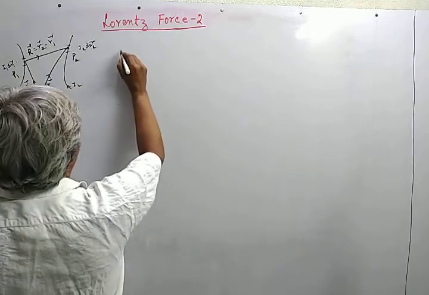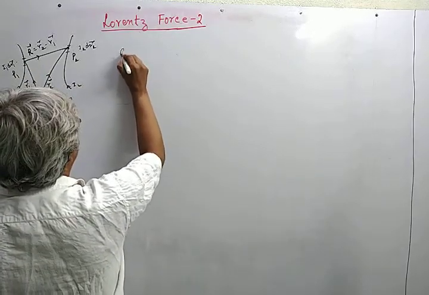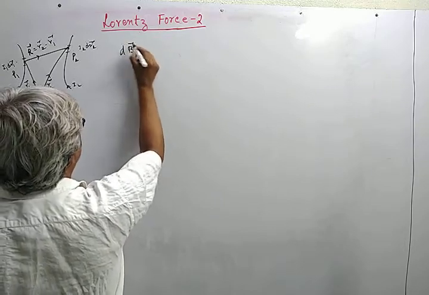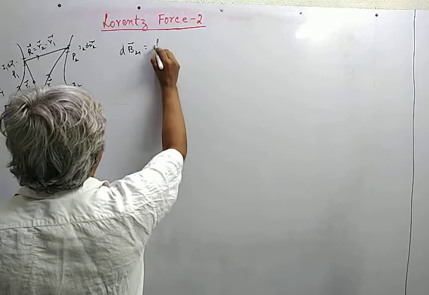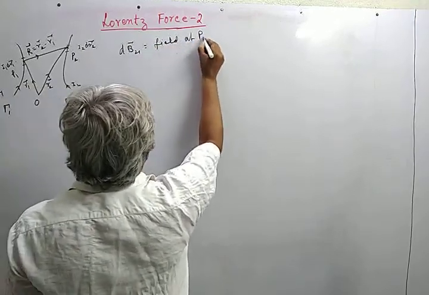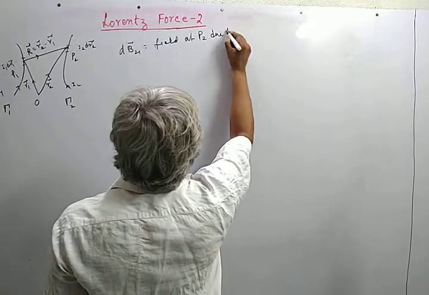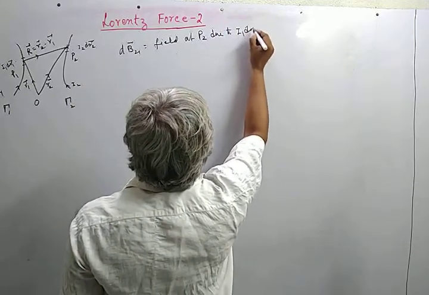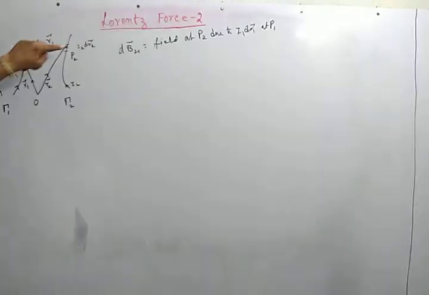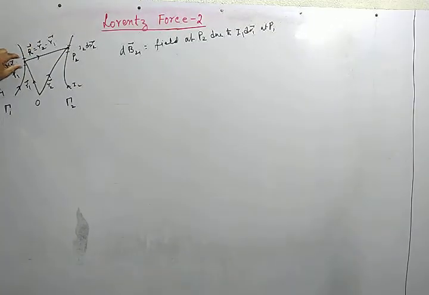So the field dB21 is equal to the field at P2 due to I1 dR1 at P1. So what is the field over here due to this current element?